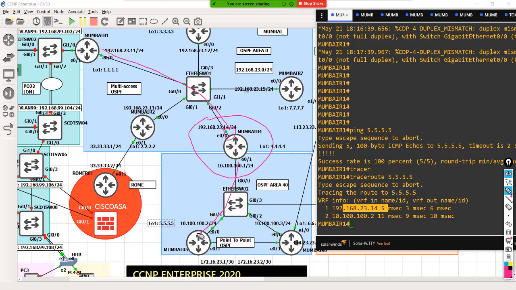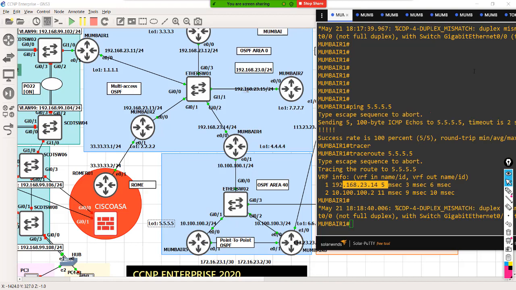Now 5.5.5 is nothing but inside this router 100.2. Okay, so they are having end to end reachability. The databases are synchronized. It's your LSA 1, LSA 2 and LSA 3, which is seen in the case of two different areas, and especially in the case of a DR and BDR environment.